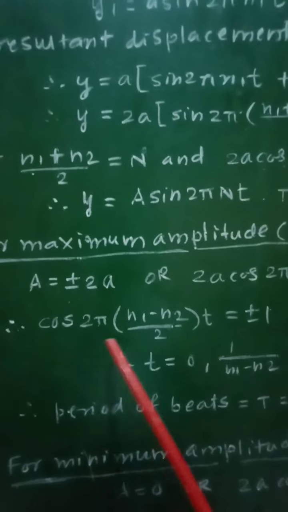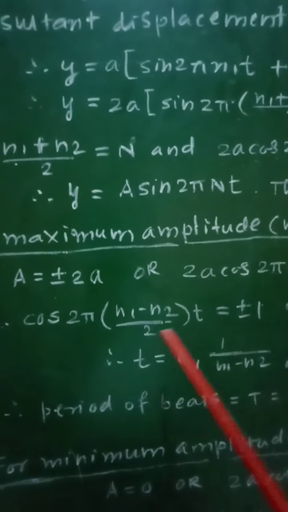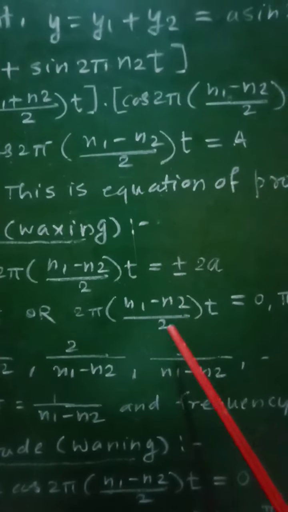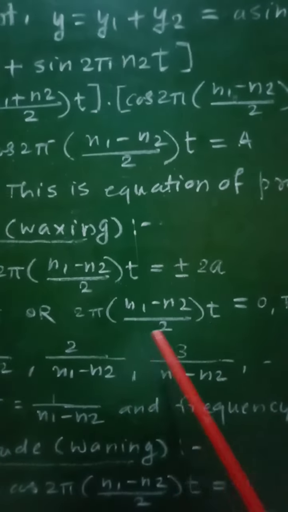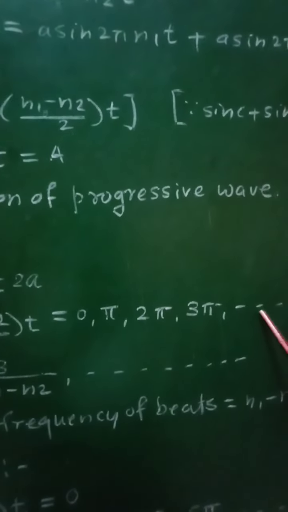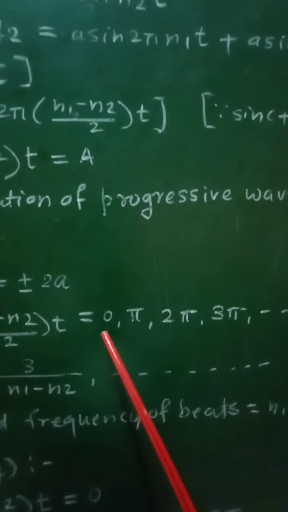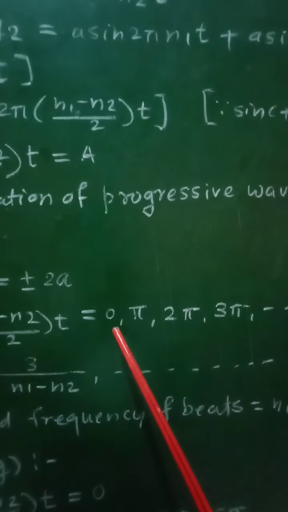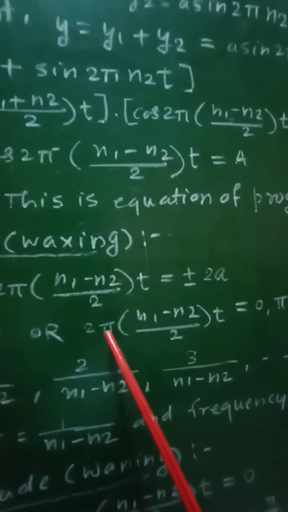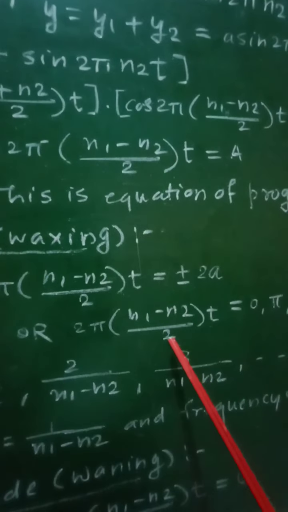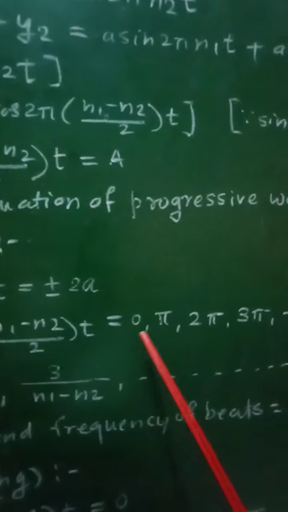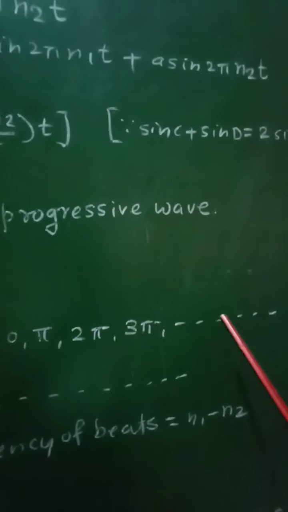Now if cos of this angle is plus or minus 1, the values of the angle 2 pi (n1 minus n2)/2 into t will be 0, pi, 2 pi, 3 pi and so on, because for these angles cos will be either plus 1 or minus 1.